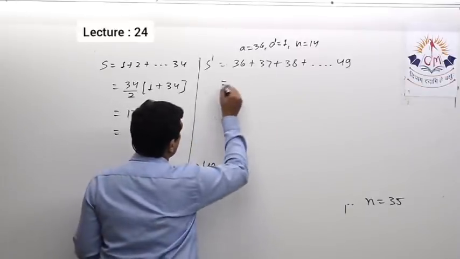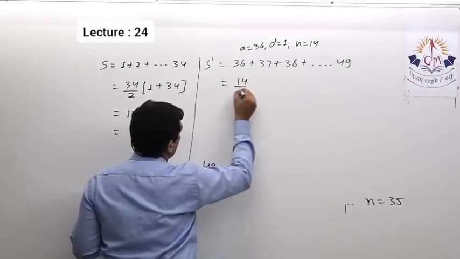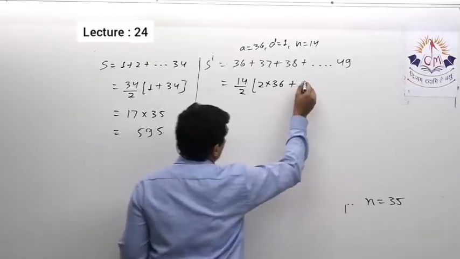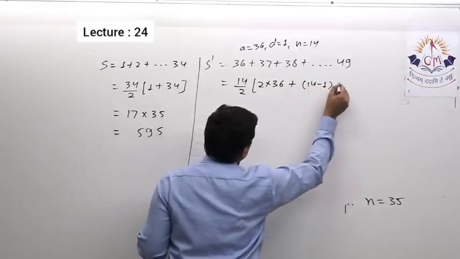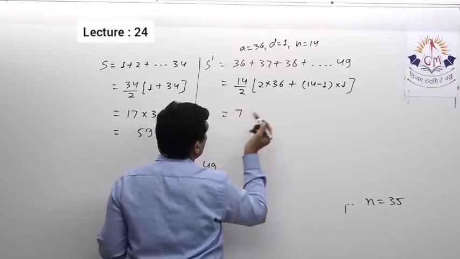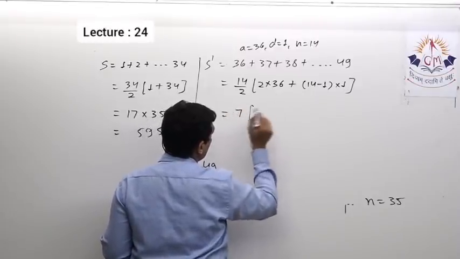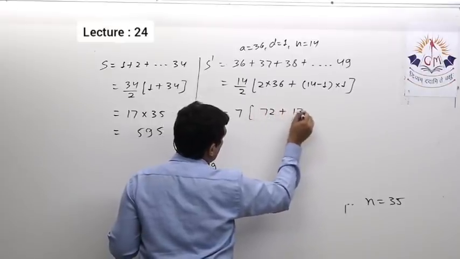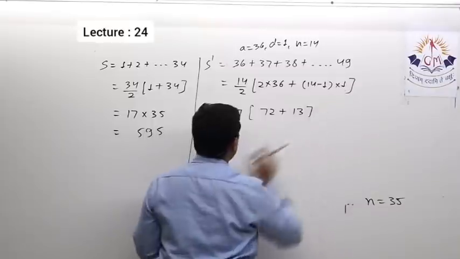So we'll find the sum n by 2, that is 14 by 2, 2 into A plus 14 minus 1 into D, that is 1. So 14 by 2 is 7, 36 into 2, 72 plus 13. Okay, 14 minus 1 is 13.